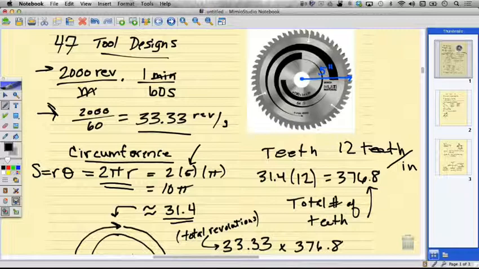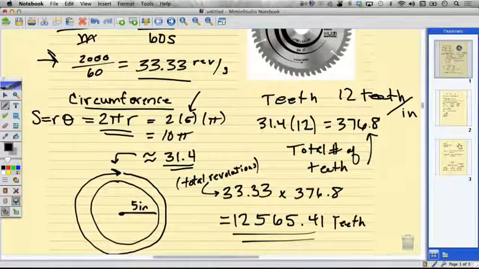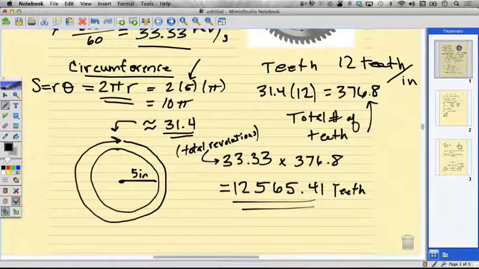How many teeth actually get into that? So per second, this is pretty impressive. For every second this saw blade is on, cutting into some object, 12,565.41 teeth are cutting into whatever object it is.